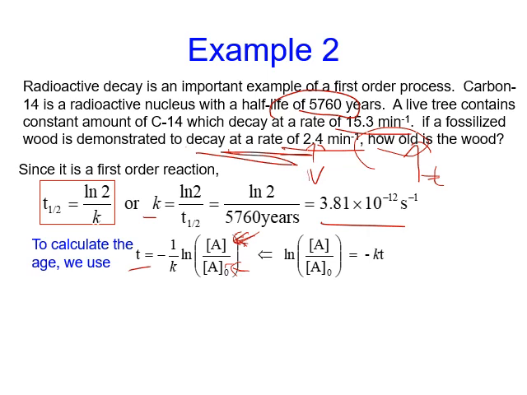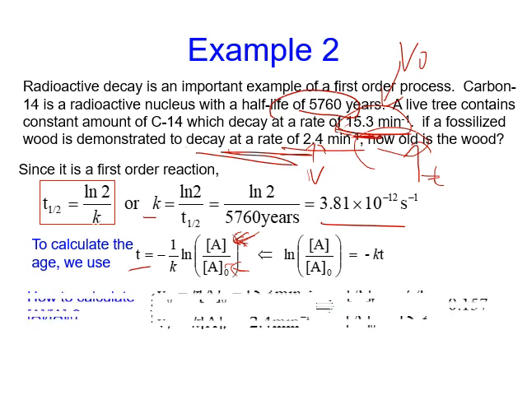The live tree's decay rate is the initial rate, because when the tree dies, the decay rate is still 15.3. After the tree died, it cannot absorb carbon-14, so the concentration will decrease and become smaller. So 15.3 is the initial reaction rate.